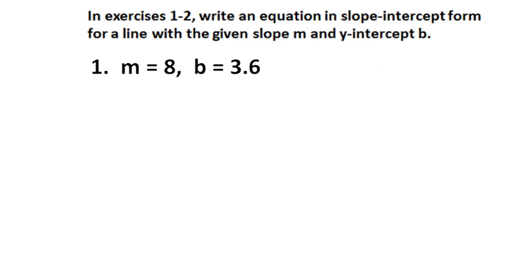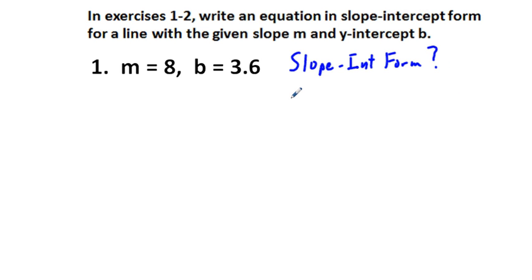Exercise 1: write an equation in slope-intercept form for a line with the given slope m and y-intercept b. Really all we need to do for this is to understand what our slope-intercept form of an equation is. And what is it?